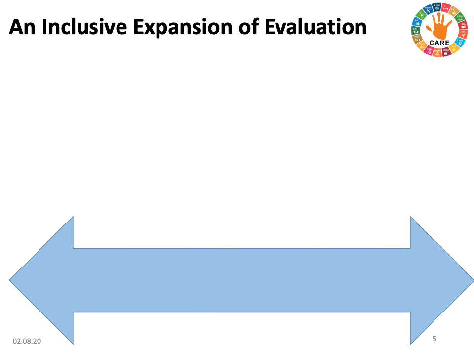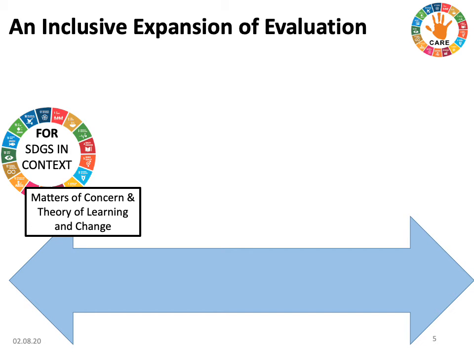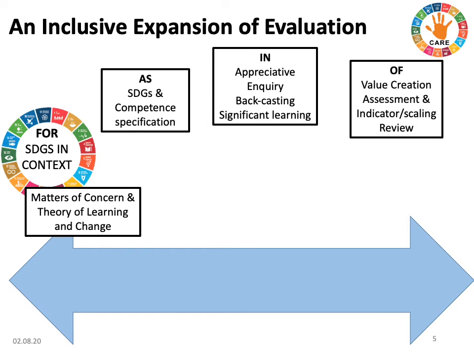So that when you look back across the 5 presentations, we're starting to say that there is this inclusive expansion of evaluation in ESD's evaluative learning around the SDGs as a tool for evaluation to explore matters of concern. And here a theory of change can be a very important way of reflecting about this.